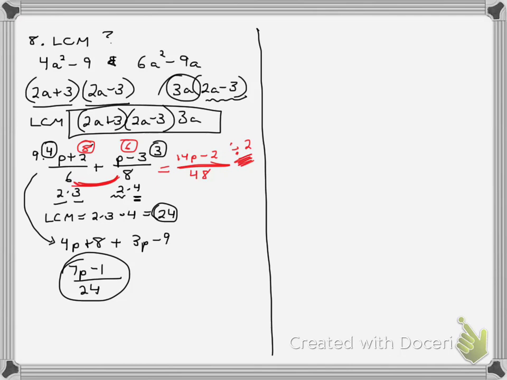Now let's go on to number 10. My least common denominator will be x plus 3 times x minus 3. My multiplier for the left-hand fraction will be this.